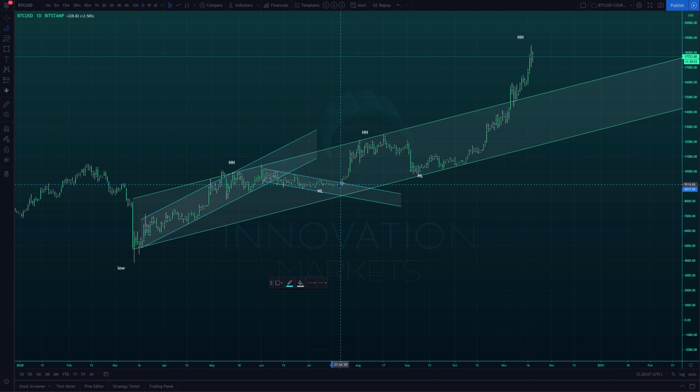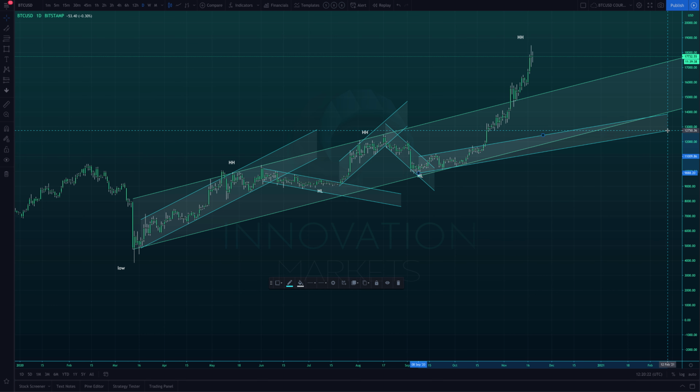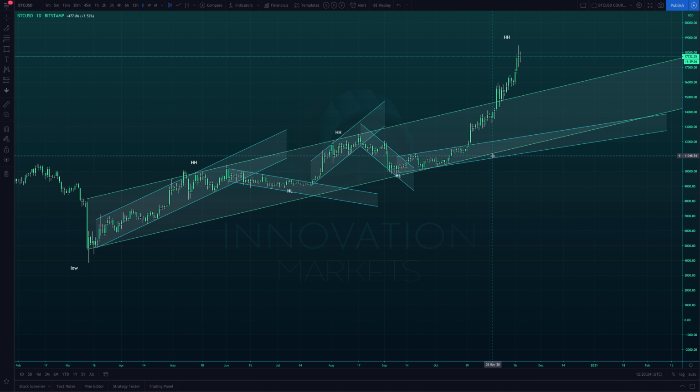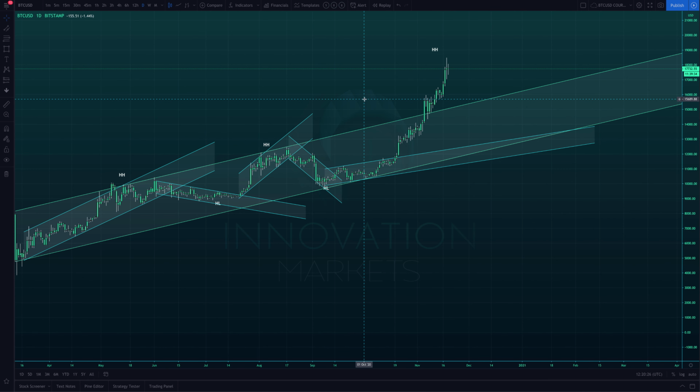We can do pretty much the exact same for this over here. We can then do the exact same for this over here. The exact same over here. And again, if you start extending these out over time, you're giving yourself potential levels where the market can come back down and retest and move in line with the overall trend.